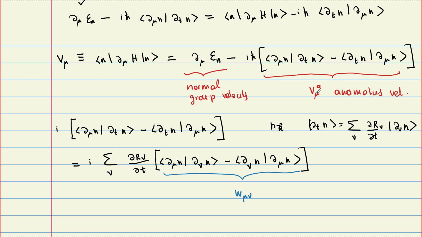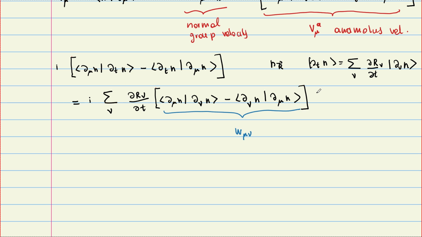Now I want to come back to crystals. For crystals, we need to replace R with k, H with this H of k, and n here is going to be replaced with u_n of k, the Bloch functions.